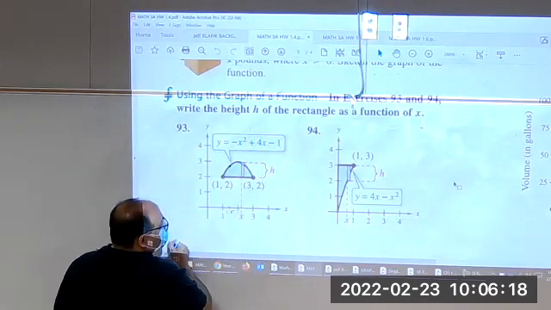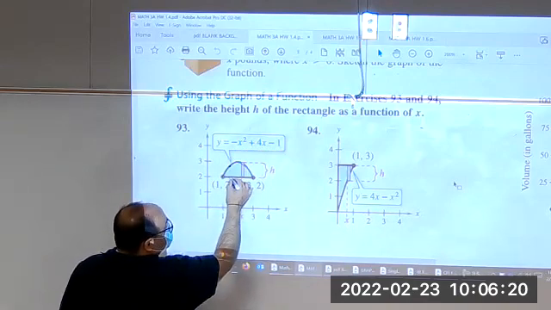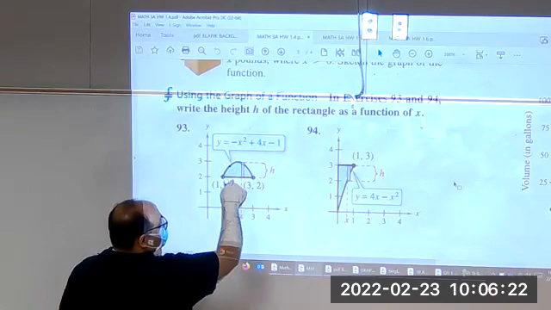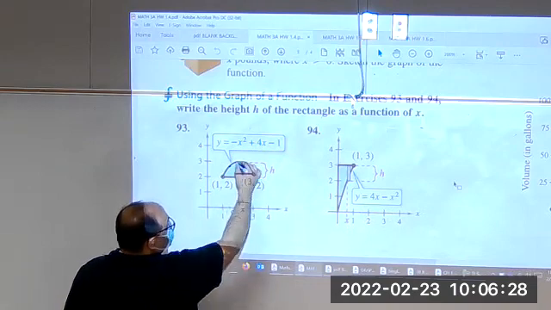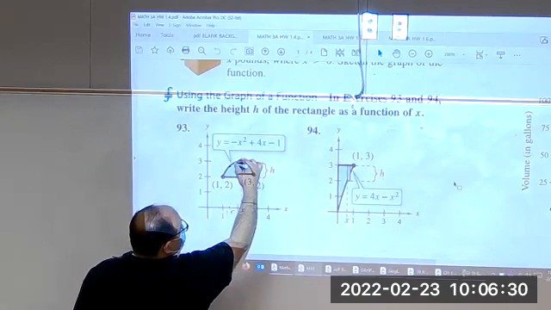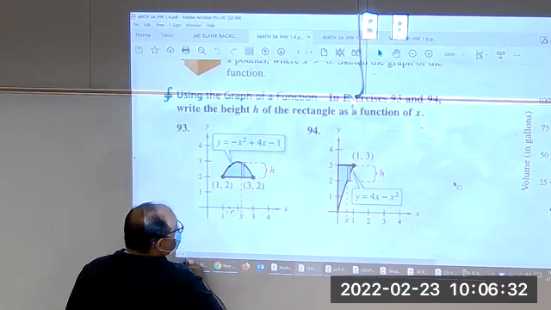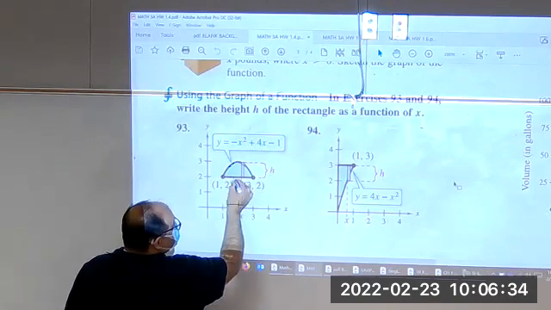That would be the y value. The bottom point would be 2, so it would be that high point minus 2. Plug in 1.5 and then minus the 2. Plug in 1.9, and then subtract 2 from it.